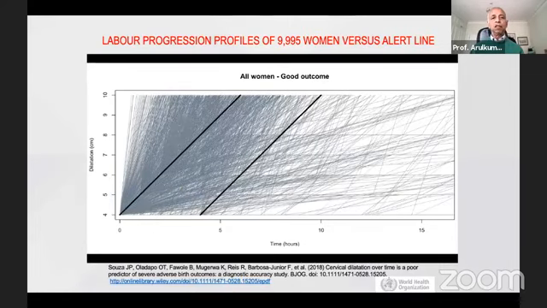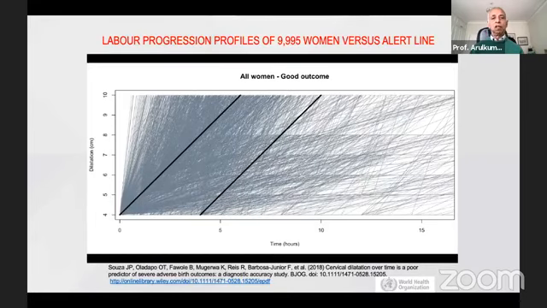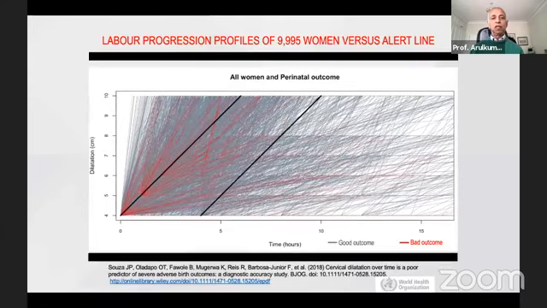So the red lines will appear in my next line, which will show that there are equal number or more of poor outcome in the fetus and the mother, as you could see. The red line shows. So even if they had a shorter labor, they had poorer outcomes. So in other words, the cervical dilatation pattern did not predict the poor outcome in the mother or baby.